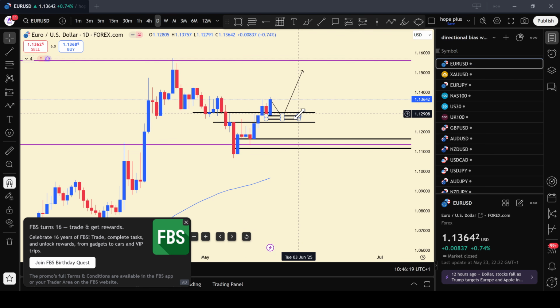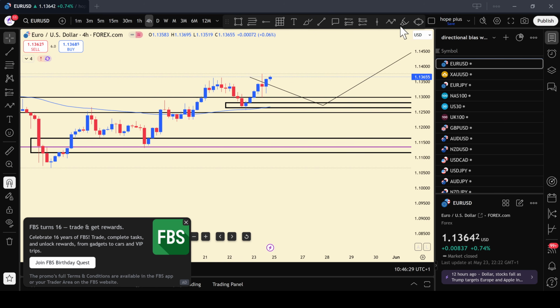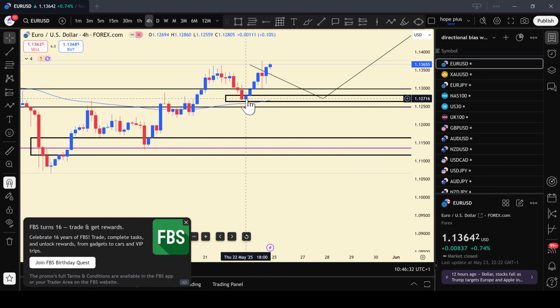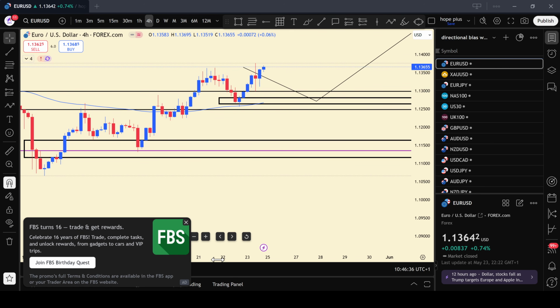So that gives me a better probability to execute the bullish trade to the upside. And if I want to narrow it down to the 4-hour, the same thing you can see here. The area is still good for me on the 4-hour. So this is what I have for you.